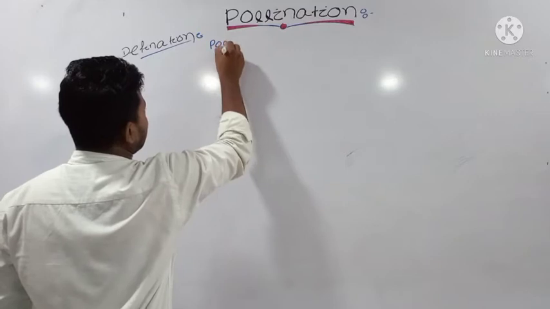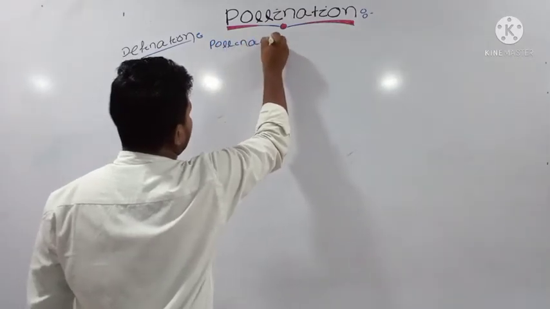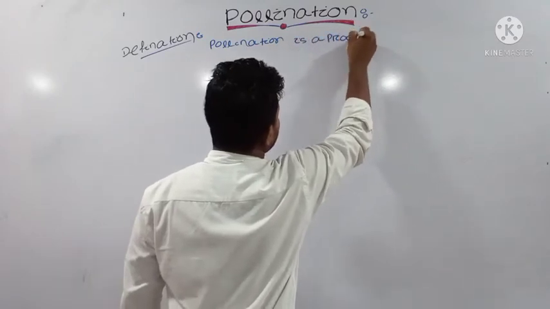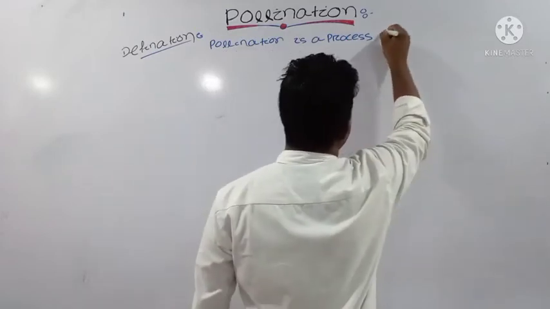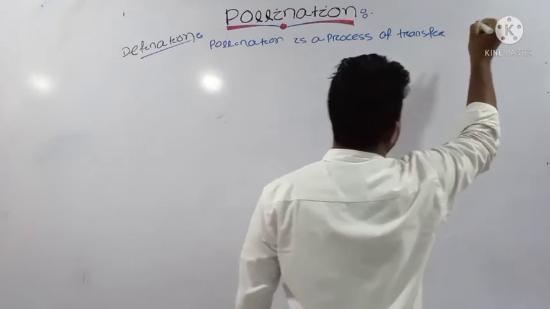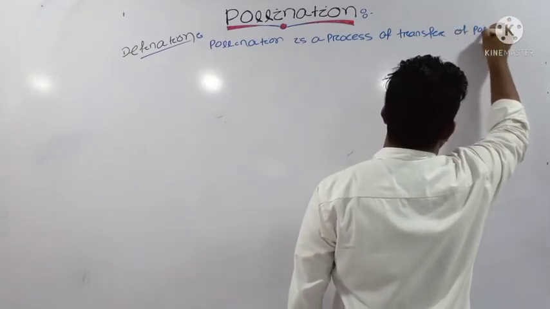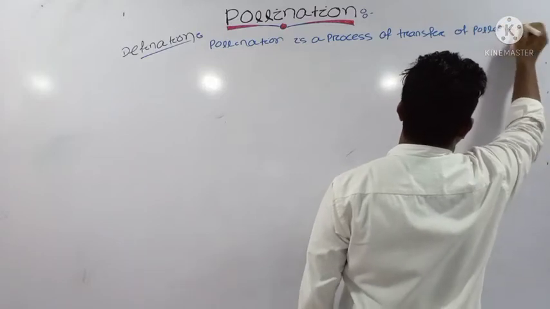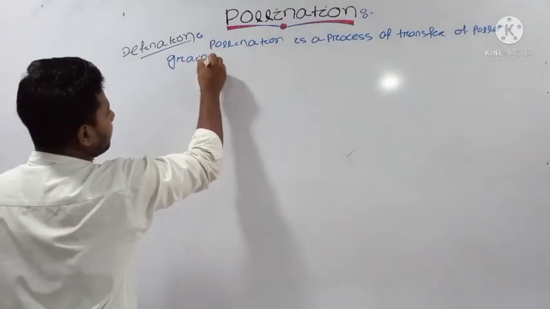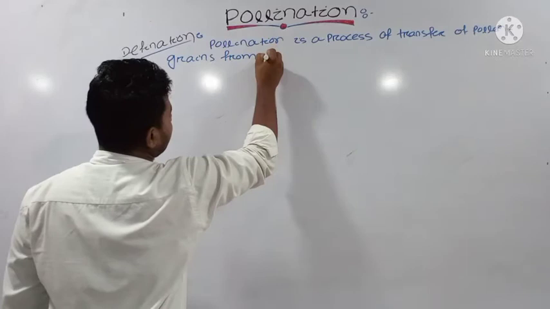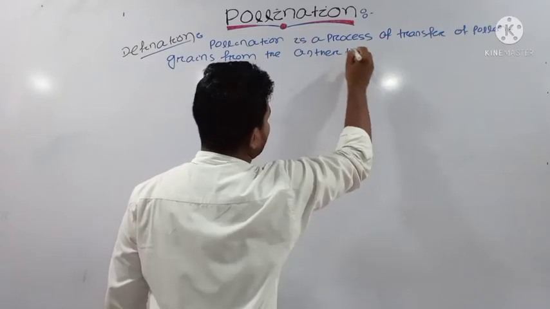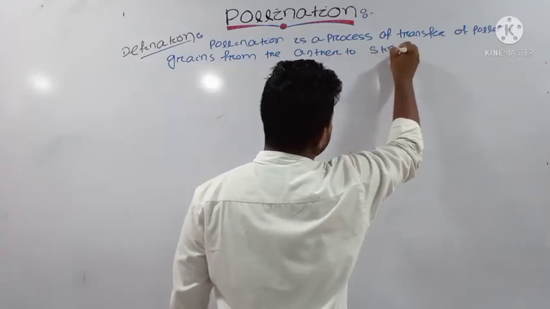Pollination is the process of transfer of pollen grains from the anther to the stigma surface.